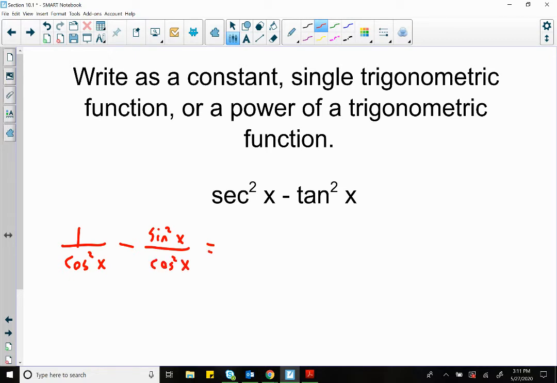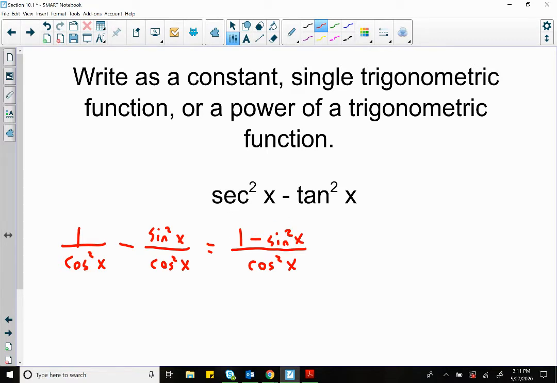Hey, wait a minute. Cosine squared, my fractions have a common denominator. Cool. So let's combine these two fractions. We know that our denominator is cosine squared x. Our numerator will be 1 minus sine squared x. But wait a minute. We've seen 1 minus sine squared x before.